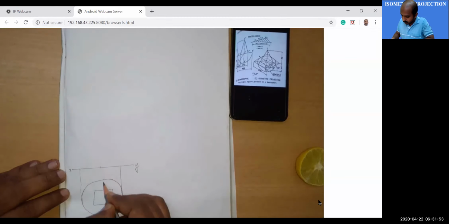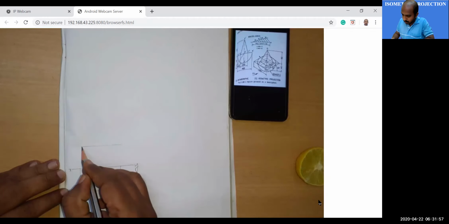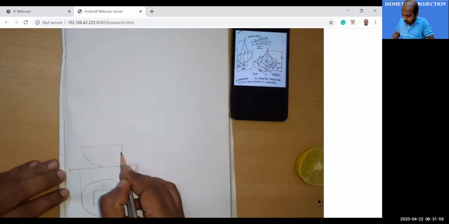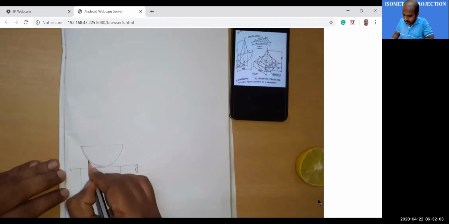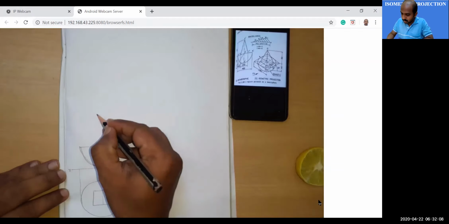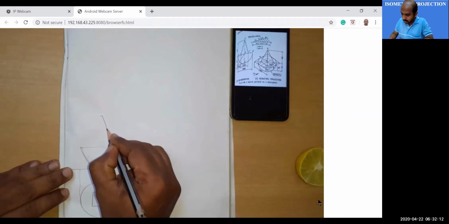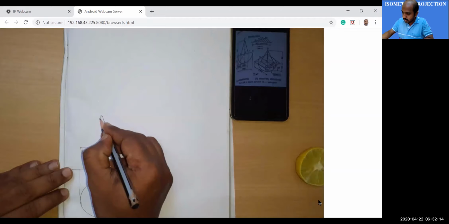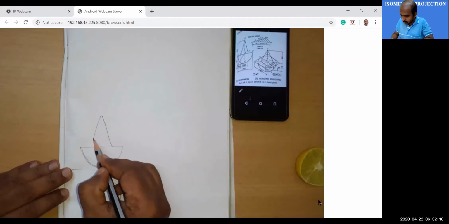From here we can complete the front view. The hemisphere will appear as a semicircle, and above this hemisphere a square prism is resting.